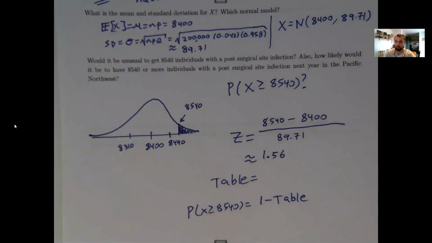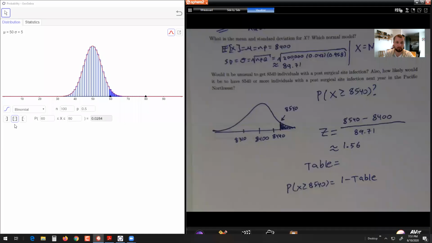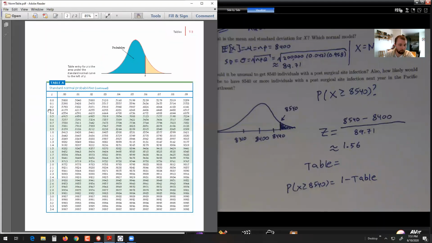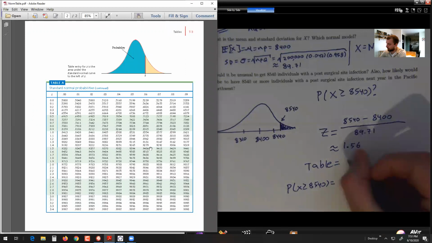So I'm going to go to a normal table and I'm going to see where the 1.5 meets the 6. So I have 1.5, I'm going to the 6th column, and at that spot, I have 0.9406.